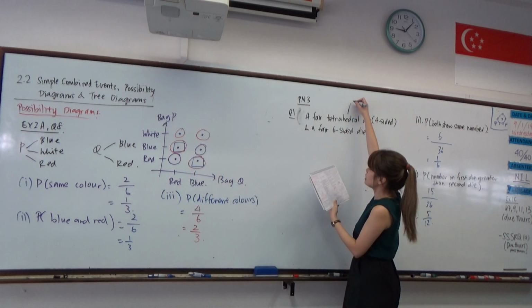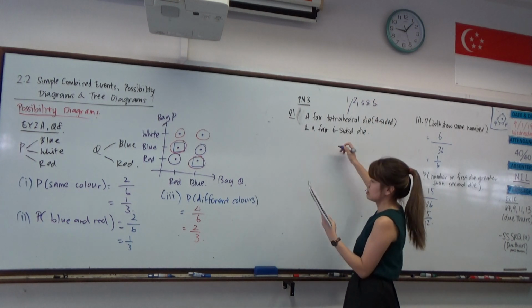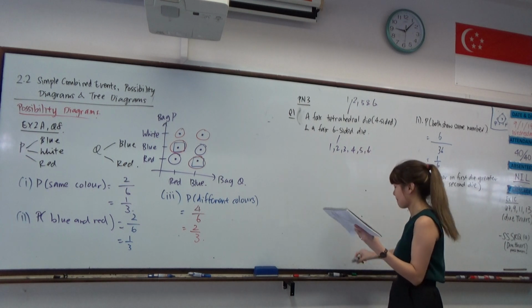On the tetrahedral die, there is 1, 2, 5, and 6. And on the 6-sided die, there is 1, 2, 3, 4, 5, 6.